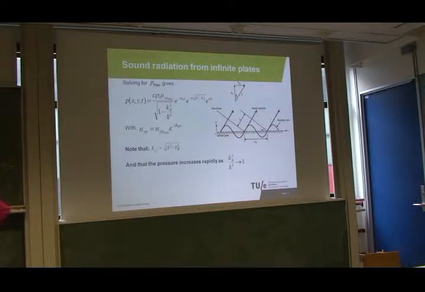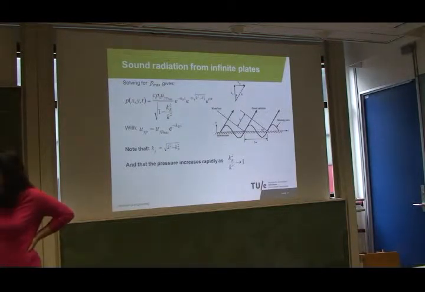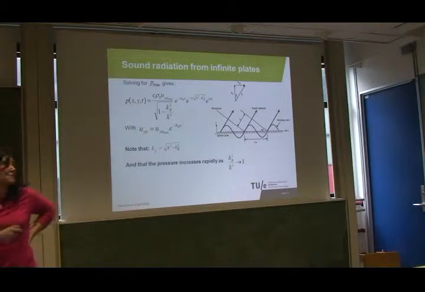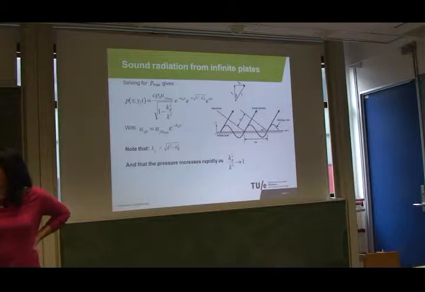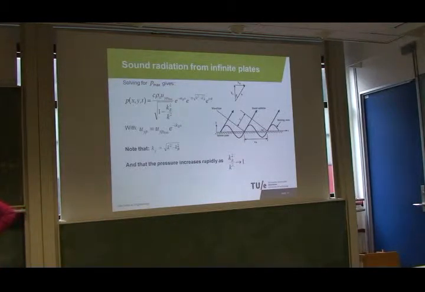Okay, yes. I got this question from the students. Why do I choose the negative solution? It depends on your definition of the square root. The solution of the square root is, of course, plus minus. You define your square root in a certain way, and then you have to choose one, plus or minus.